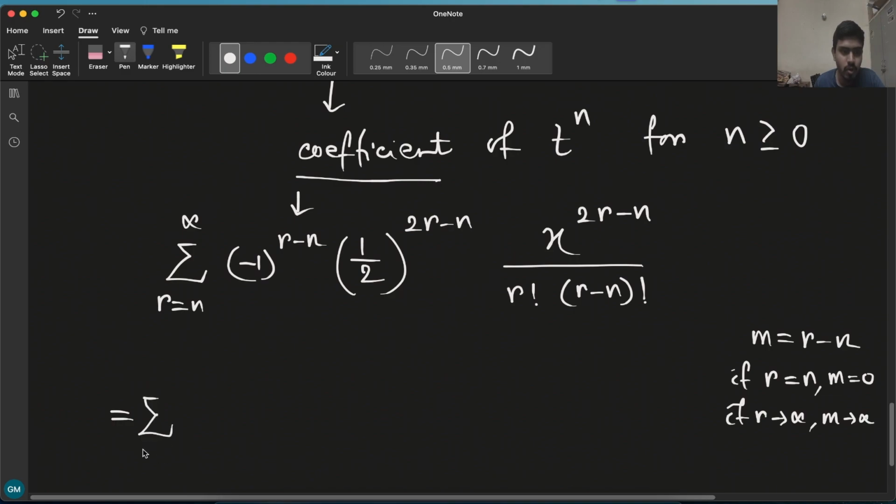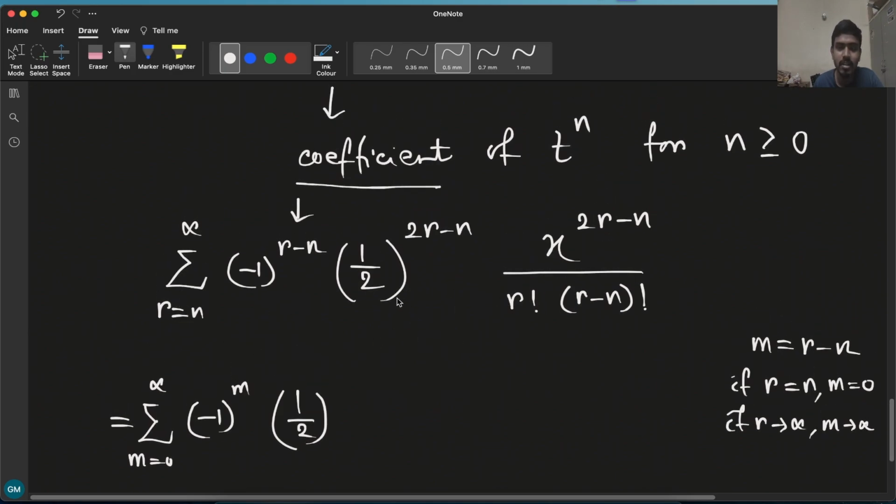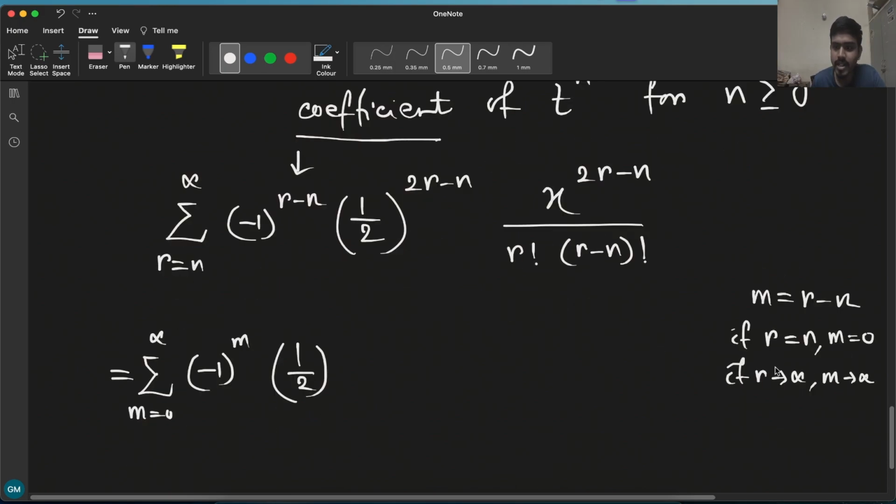So the summation will be from m equals 0 to infinity, then minus 1 whole to the power r minus n, which is m, so whole to the power m, 1 by 2 to the power, so in place of r, I am replacing it with m. So r I can write as m plus n, and if I do that, then it will be 1 by 2 to the power 2 times m plus n minus n, which is nothing but 2m plus n, right?